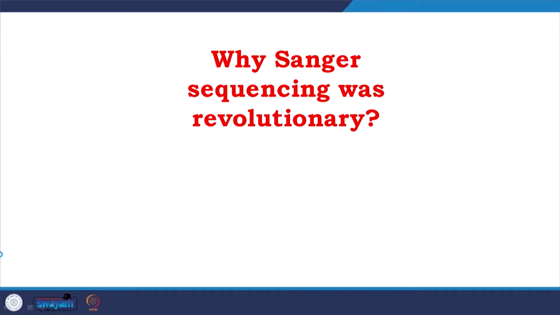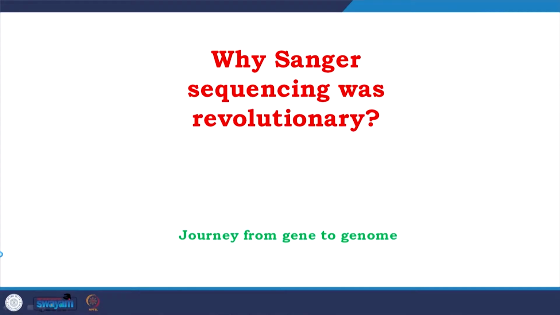I talked about why Sanger sequencing was revolutionary, and today I will talk about the journey from a gene to an entire genome, because when people got to sequence a gene, they started asking for more. They wanted to know about the entire organism's genetic content, which is the genome.